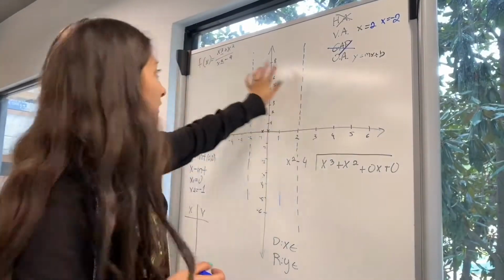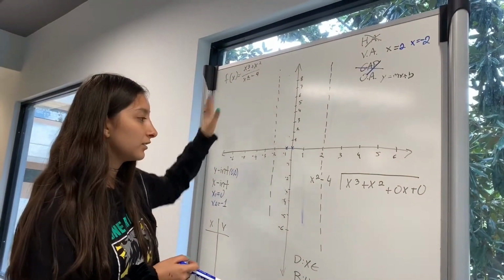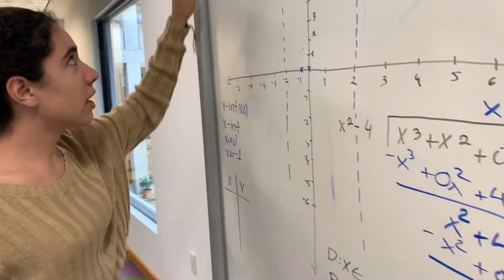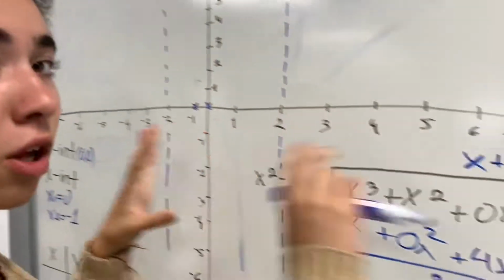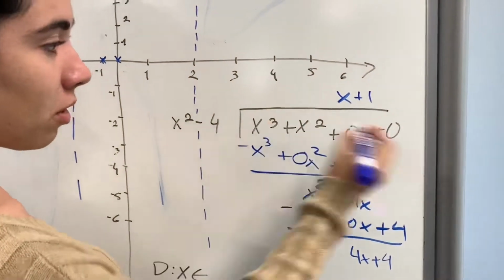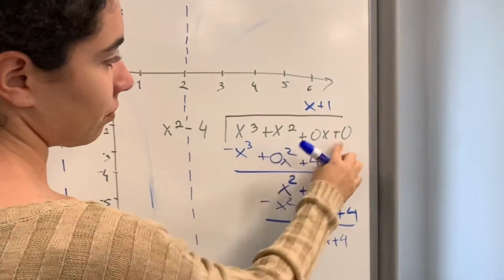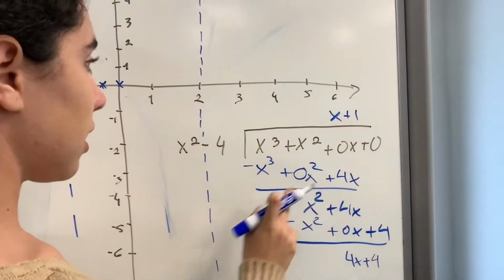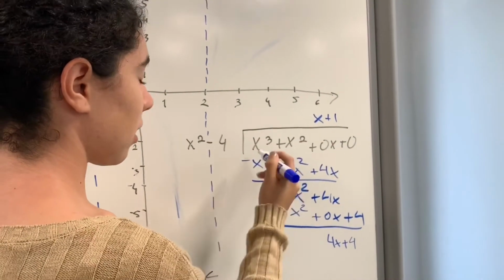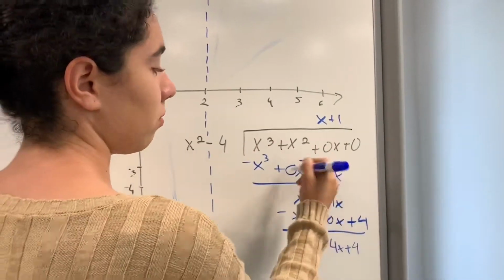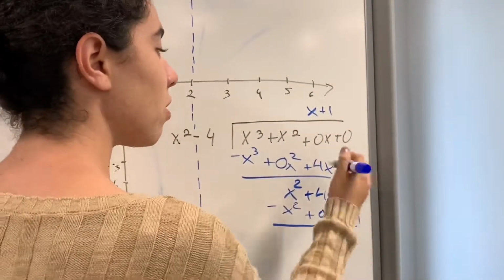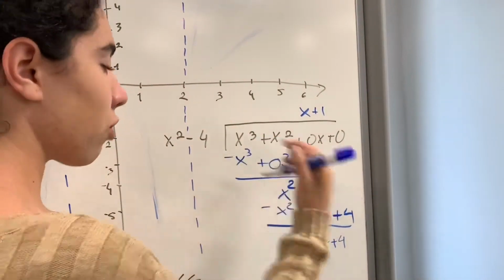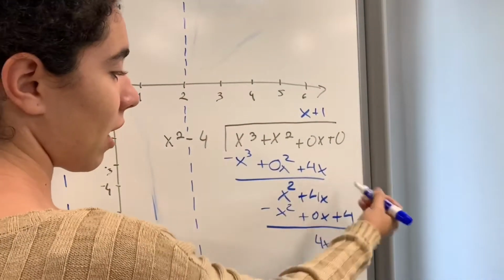For doing this, we need to use the function and this type of division. To obtain the oblique asymptote, we're going to divide the numerator by the denominator using long division. We replace the missing terms with 0. While doing the division, that gives us 4 times x, it's going to be x cubed, we cancel it, x squared, 4x. Then we cancel them, and then 4x squared goes 4x.